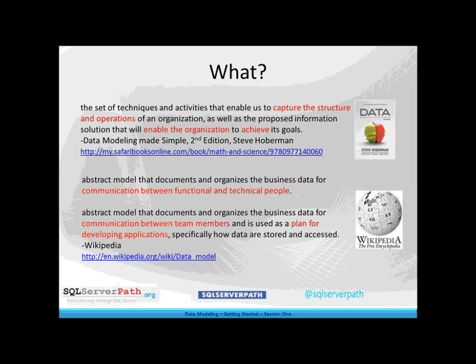But at the same time, when you present the data model to your developers or programmers, they will understand how to write their code, where they have to reuse their code, and how to store the data. So basically, the data model is a bridge between functional and technical people.